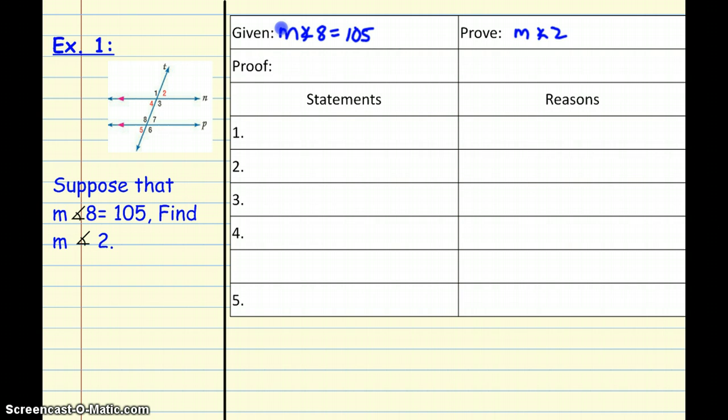Okay, first things first, in statement 1, we're going to say the measure of angle 8 is 105 degrees, and our reason for that is that it's given. The measure of angle 1 is 105 degrees. Okay, and this is because of the corresponding angles postulate.